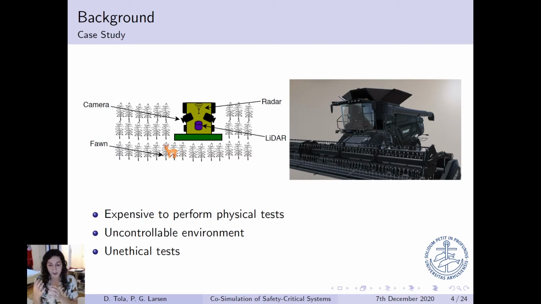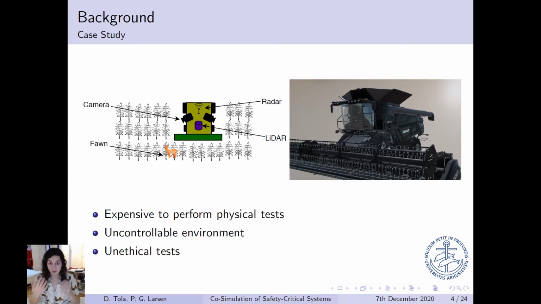Every time we talked to someone, it was in collaboration with a company. We talked to an engineer from a company that was developing this, and they said that when they want to test a combined harvester, you need to find a field to test it on.